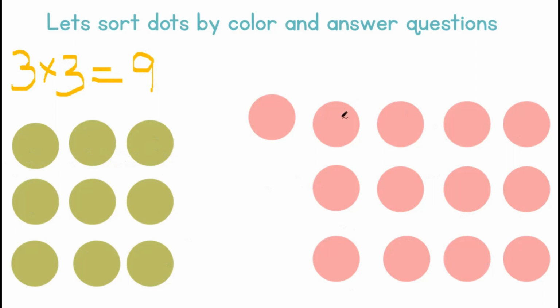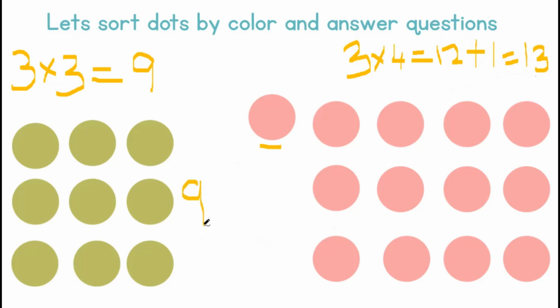We have 3 going down, 4 going across, which will give us 12, and then we have 1 extra. So we can say 12 plus 1 will give us our 13 dots. So how many dots do we have altogether? 9 plus 13 will give us 22.